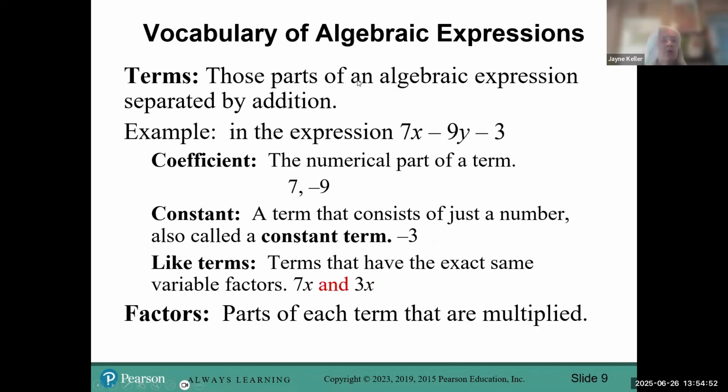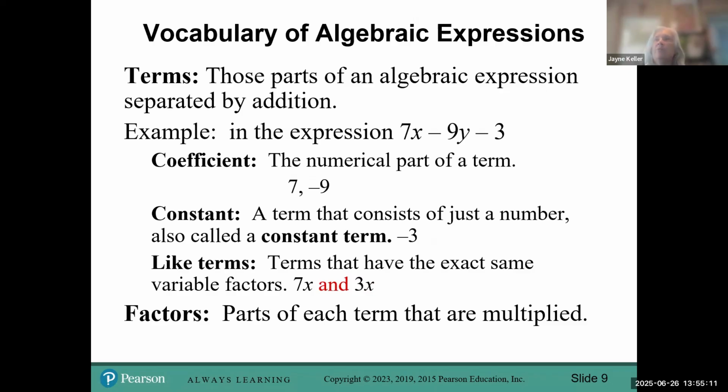A little bit more vocabulary that we're going to look at. When we have an expression, we break an expression into individual parts, and we call each of those parts terms. And the terms are separated by addition.